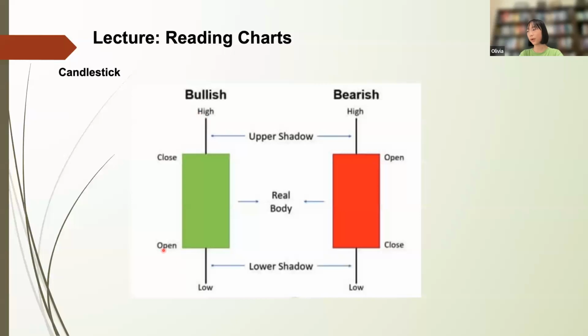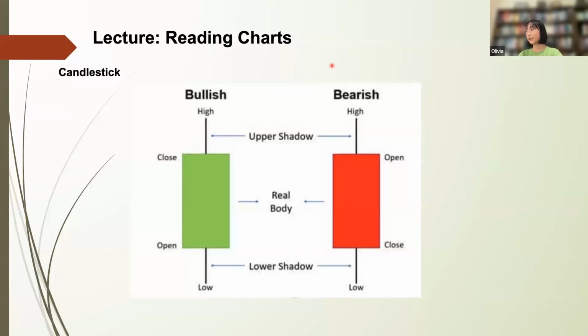This is the opening price, which is the price at which the market opened for that time period. So if this time period is 1 day, then this shows the opening price for that day and what the price of the market was. This shows the closing price, so when the stock market closed, what the price was.